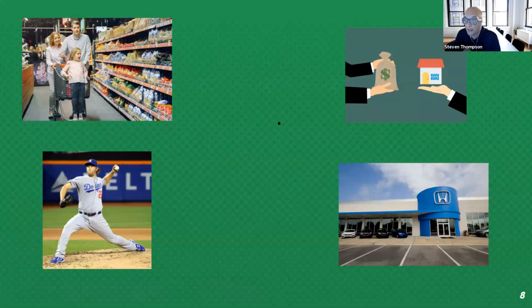Grocery shopping is a place where ratio and percent come into play. Buying a home or renting an apartment, ratio and percent. Down at the bottom there, you see a car dealership. Buying a car, ratio and percent. And over here, we have Clayton Kershaw pitching, calculating ERA, win-loss percentages. All of those things are ratio and percent. We can talk about those and use those in a project with our students.